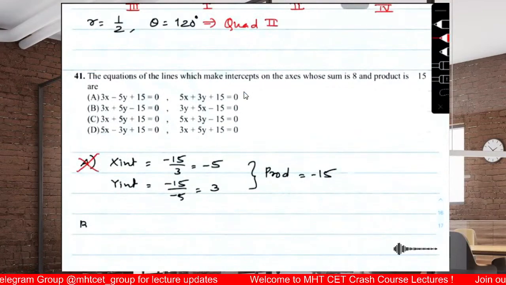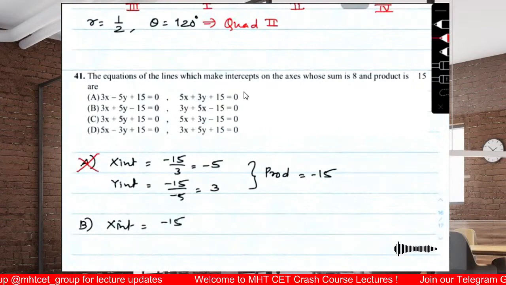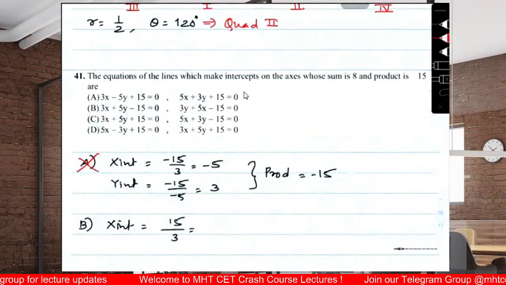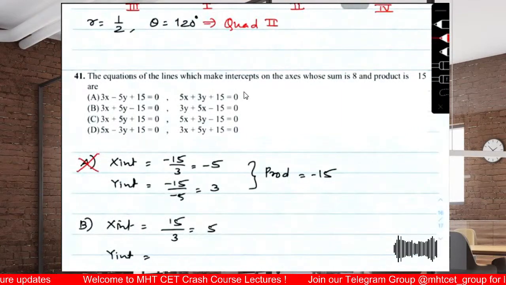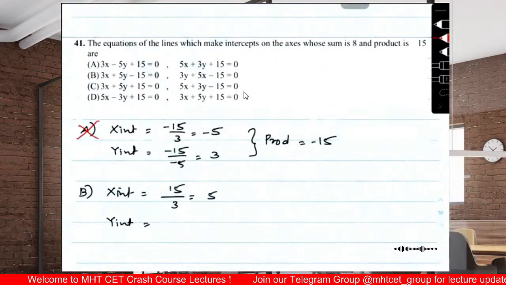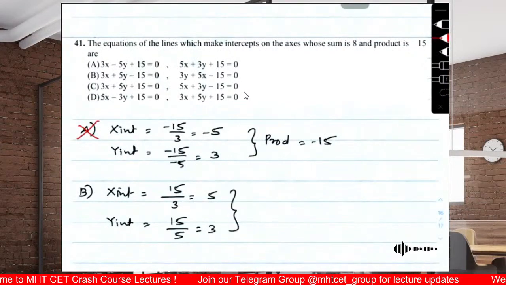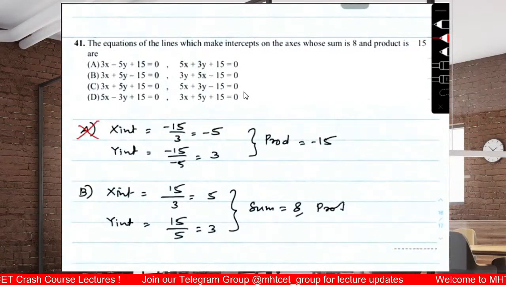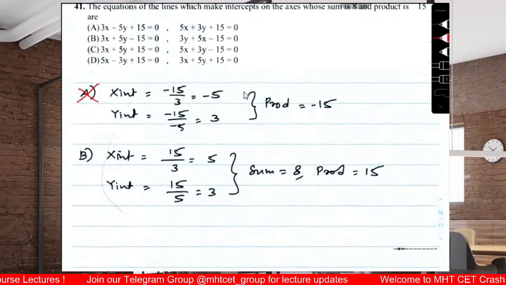Option B देखो, B में फर्स्ट लाइन के लिए x intercept is -c/a, 15/3, that is 5. Y intercept is minus of -15, that is +15 by 5, that is 3. You can say sum is 8, product is 15. और second line के लिए भी, this is for L1.